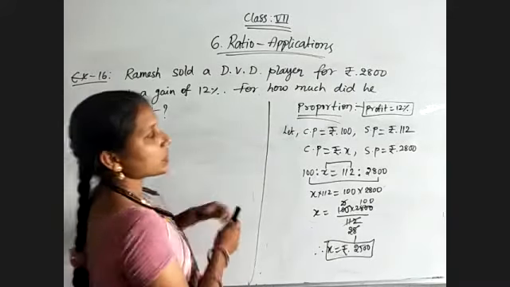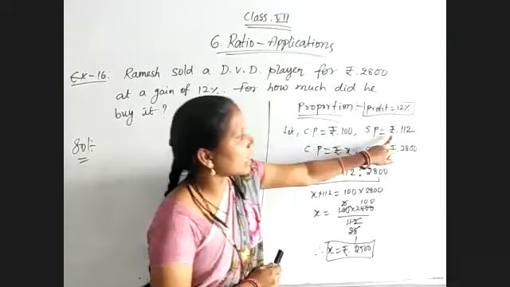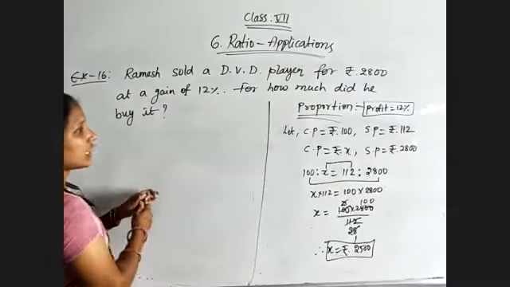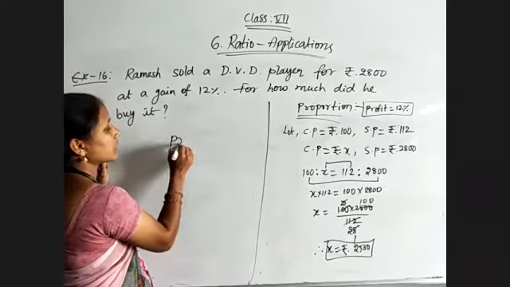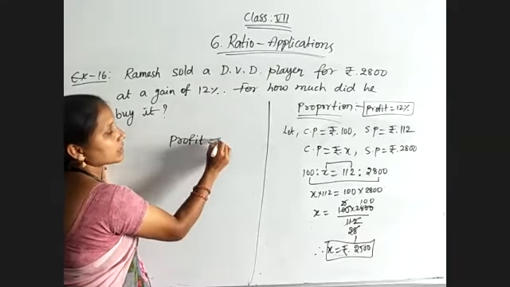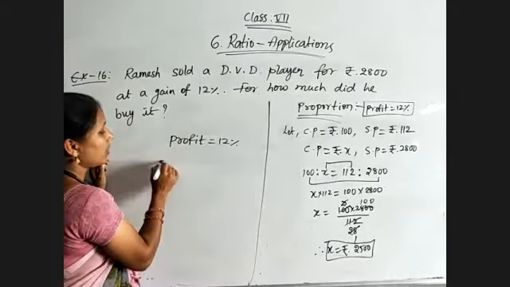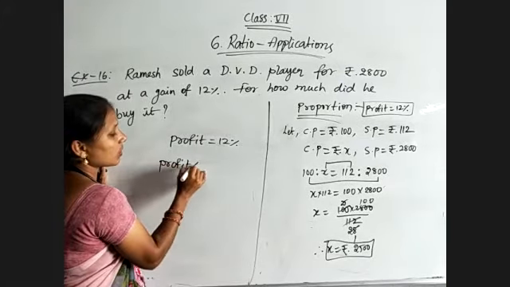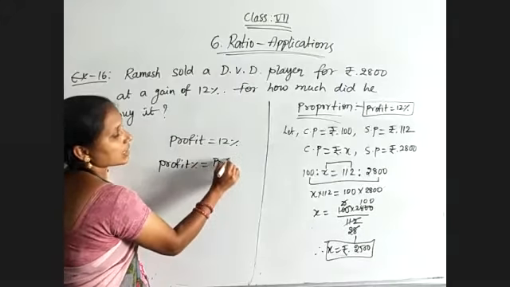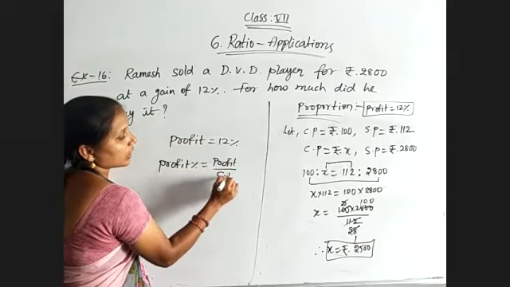See, observe once how you got this SP as 112 rupees. They have given profit percentage as 12%. And we have profit percentage is equal to profit by CP into 100.